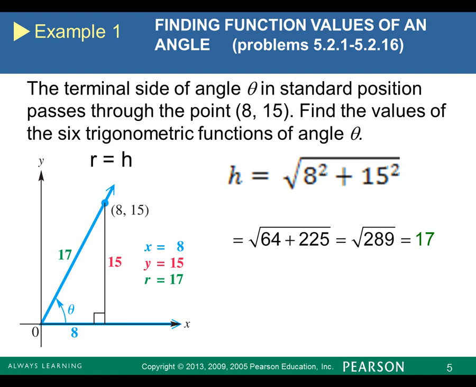Travis? 17 over 15. That's right. You just flip it, or apply the reciprocal. Cosine is adjacent over hypotenuse, so that would be 8 over 17. So secant, Harley, would be what? If cosine is 8 over 17, then secant would be 17 over 8. That's right.